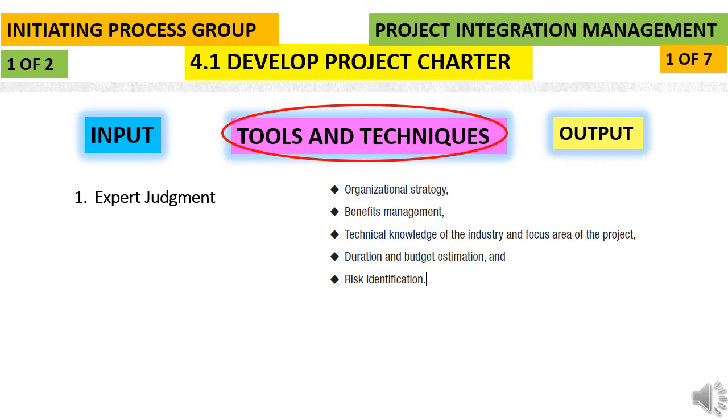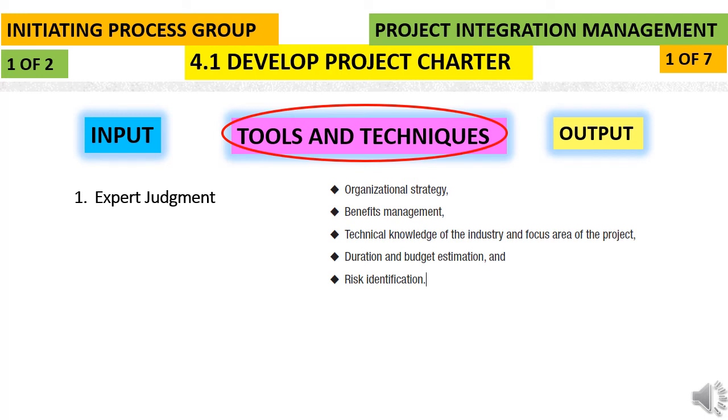So when we need to deploy experts from the industry, we need to consider some of the specific areas and the specific training for the below factors like the organization strategy, benefits management, technical knowledge of the industry, the budget estimations, schedule estimation, and risk management.